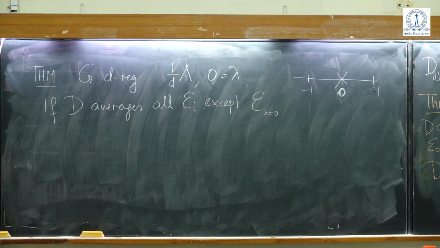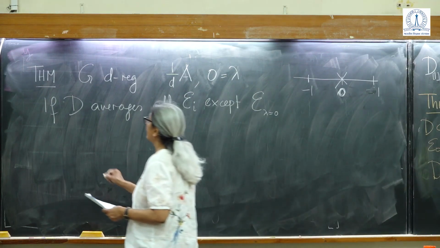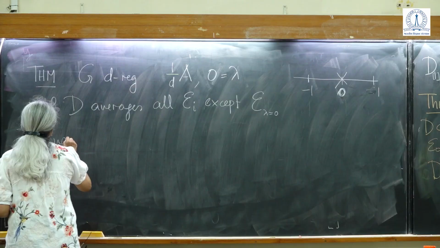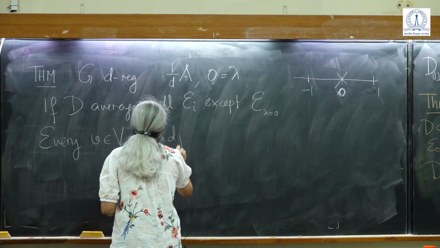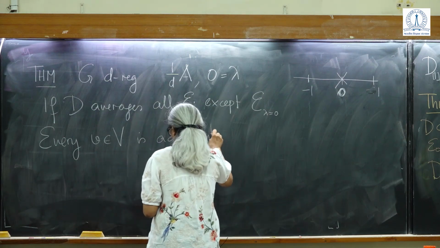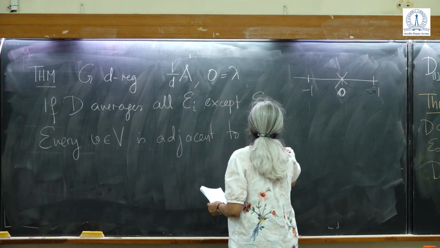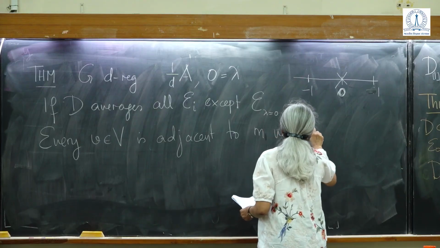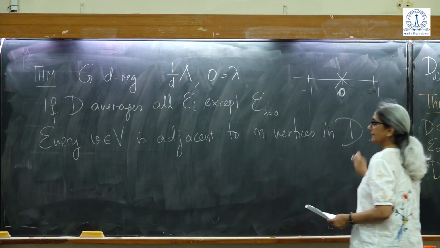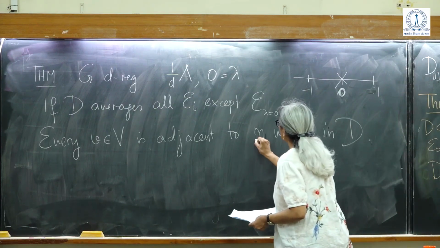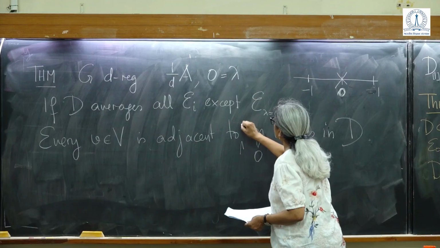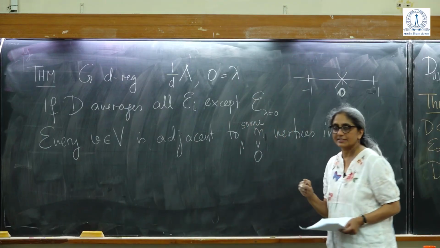So if this happens, then it turns out that every vertex v in V is adjacent to M vertices in the design, okay? So the one neighborhood of the design is some positive number M of vertices.